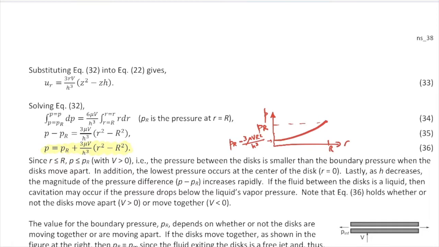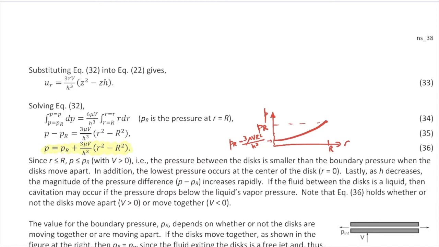And actually, right now I've been working the problem saying that there's just some fluid in between the discs. If it was a liquid, one of the things you'd have to be careful of is if any pressure decreases below the vapor pressure of the liquid, then that fluid could cavitate. And that's actually an issue when you're dealing with bearings.